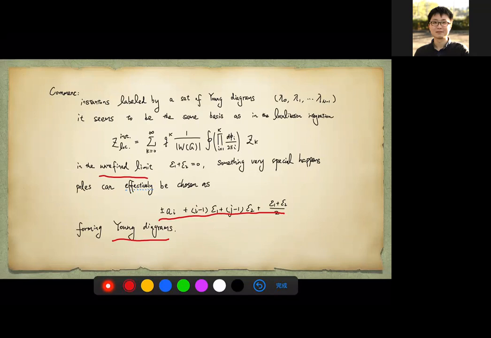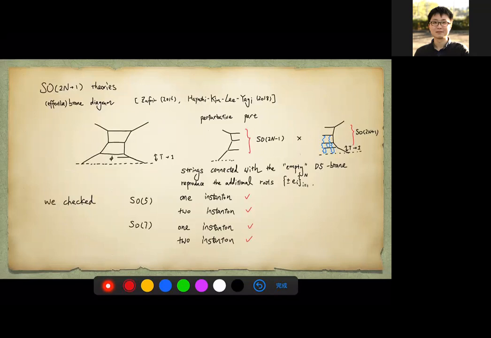And for SO odd theory, we actually need to do something different. It's similar: we consider this kind of brane diagram, but now we set this scalar parameter t here. It's the distance between this empty D5 brane and the orientifold, and we have to take the t goes to 1 limit at the end of the calculation.